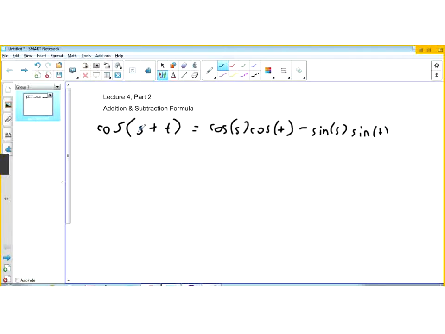Then we're going to show that the cosine of a difference of two numbers equals the cosine of s times the cosine of t plus the sine of s times the sine of t.